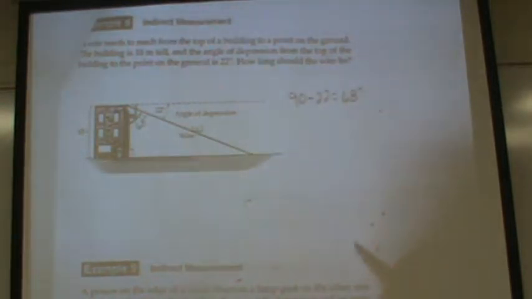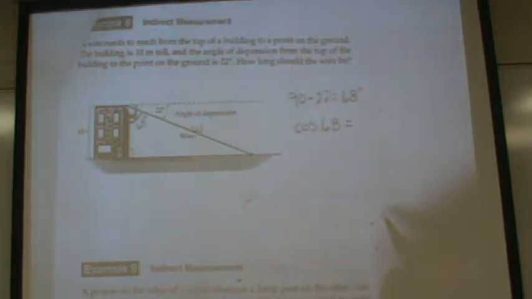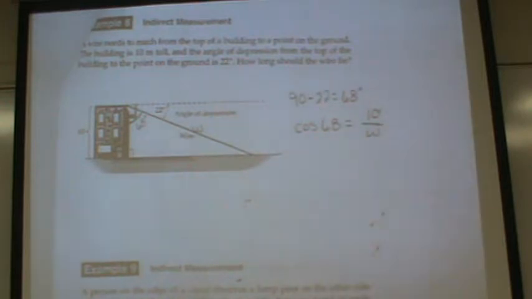So which trigonometric ratio can we use? Cosine. So we're going to use cosine of our 68 degrees. And what is our cosine equal to? 10 over our W that we're looking for. So we're going to solve for W.